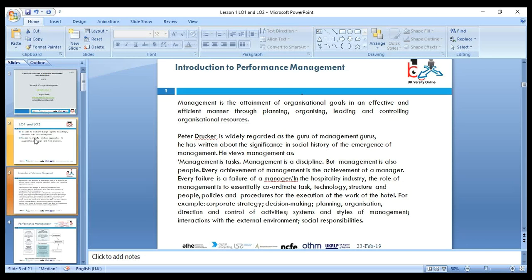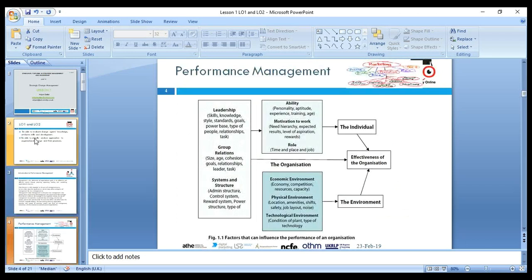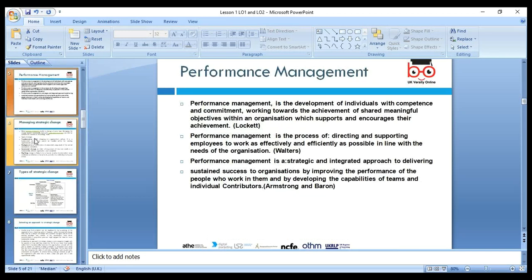He described management as a task, a discipline, people management; a failure of the organization is a failure of the manager. Performance consists of abilities as well. Performance leads to the individual we manage, the effectiveness, the system of the organization, and good information about environmental factors, so ultimately we improve performance.